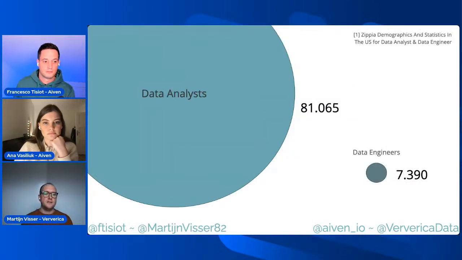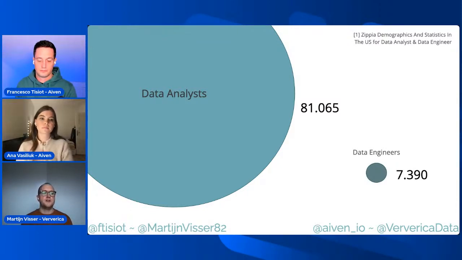And the interesting part is that the number of data analysts out there is much, much higher than the number of data engineers. So what if you can have that gigantic group of data analysts, you can offer them with the tools in order for them to reach a faster time to market or faster time to delivery?